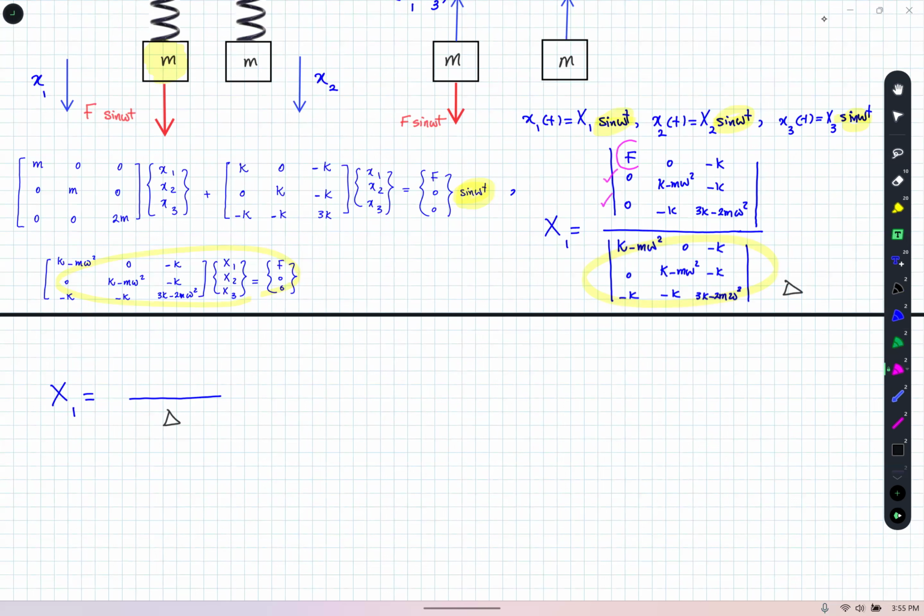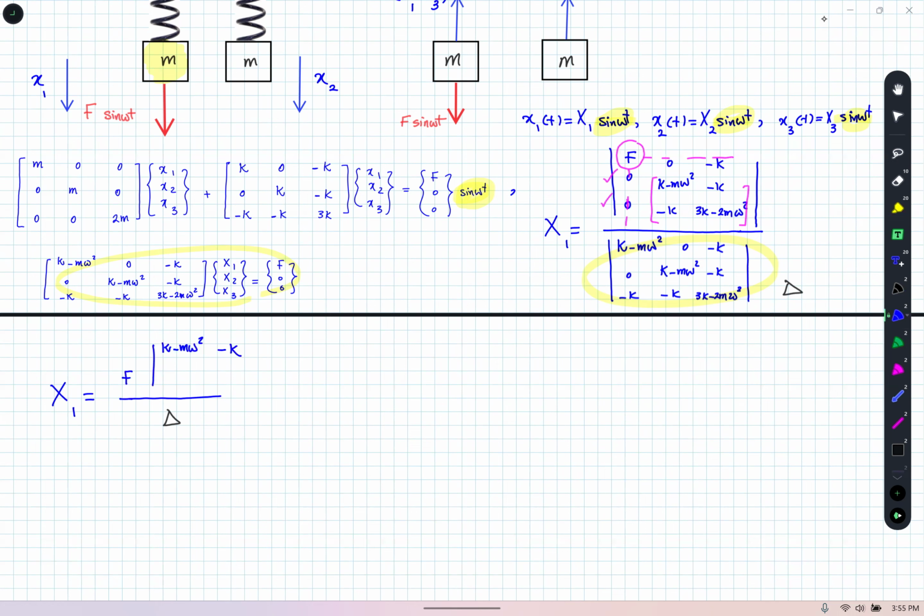So all I need to do from that column and that row, I just have f, and I multiply that f by the determinant of that 2 by 2 matrix.